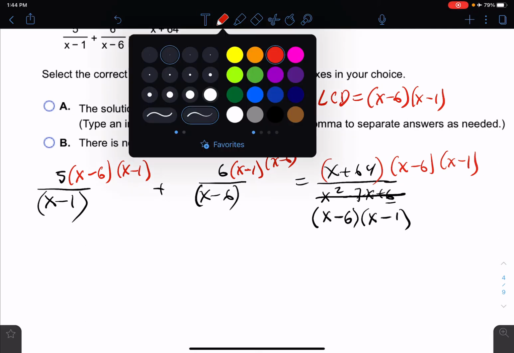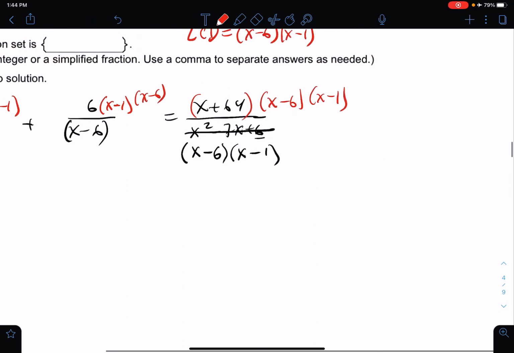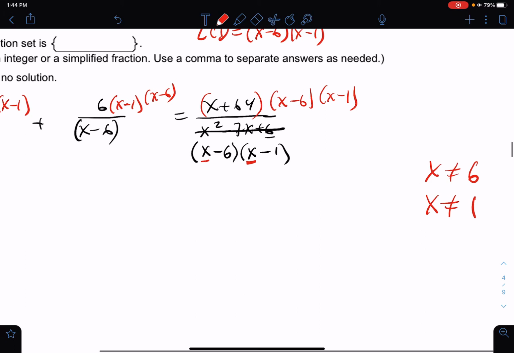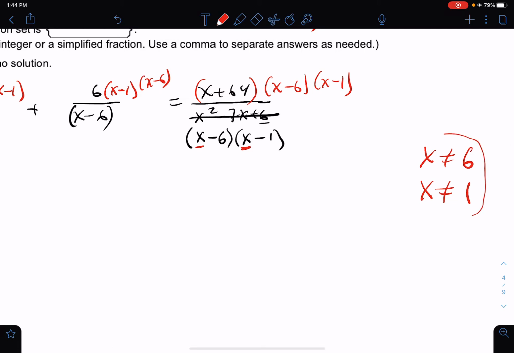Oh, well, before we reduce, maybe we better make sure that we can say x better not ever equal what? x better not ever equal positive 6, because that makes a 0 in the denominator, and x better not ever equal positive 1, because that makes a 0 in the denominator. Okay, now let's move on. Make sure we talk about this in the end.